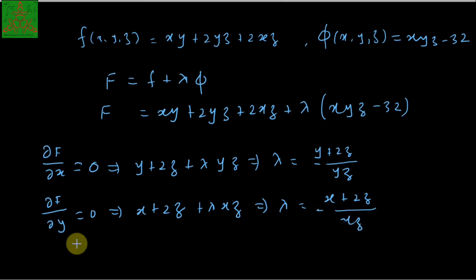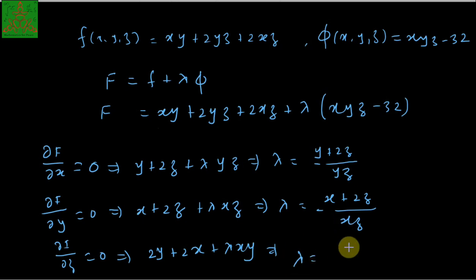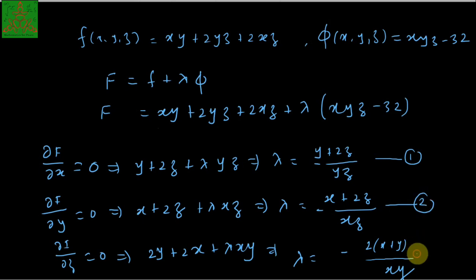And del F upon del z equal to 0 implies 2y plus 2x plus lambda xy, so lambda is equal to minus 2 times x plus y upon xy. I will call these equation 1, equation 2, and equation 3. This is equal to 0, I forgot to write it down here.